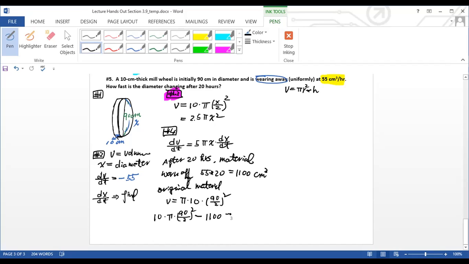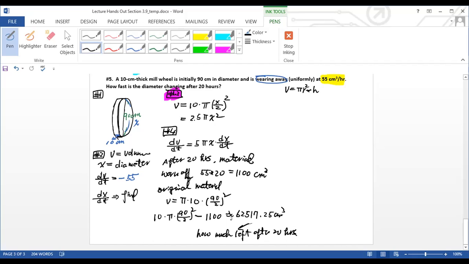So what's left is about 62517.25 cubic centimeters after 20 hours.